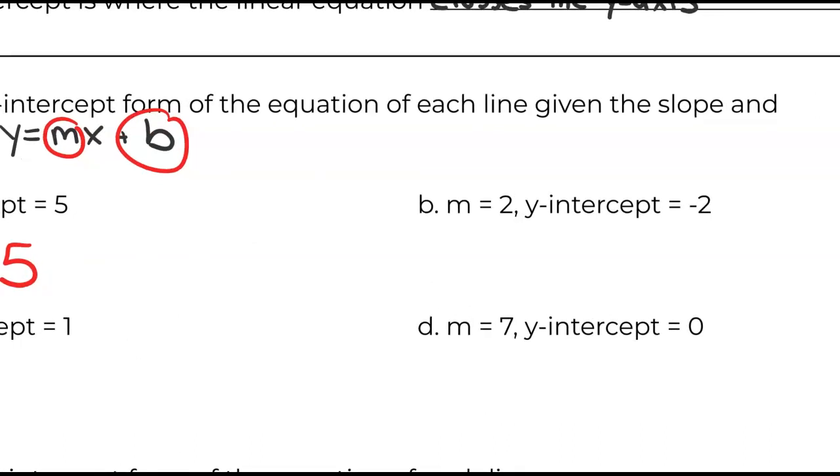This next one, again, we have a slope of 2, but our y-intercept is negative 2. So y is equal to 2x, since our slope always goes with our x term, and then minus 2 in the back. Since our y-intercept is a negative 2, this has to be a negative 2 as well.